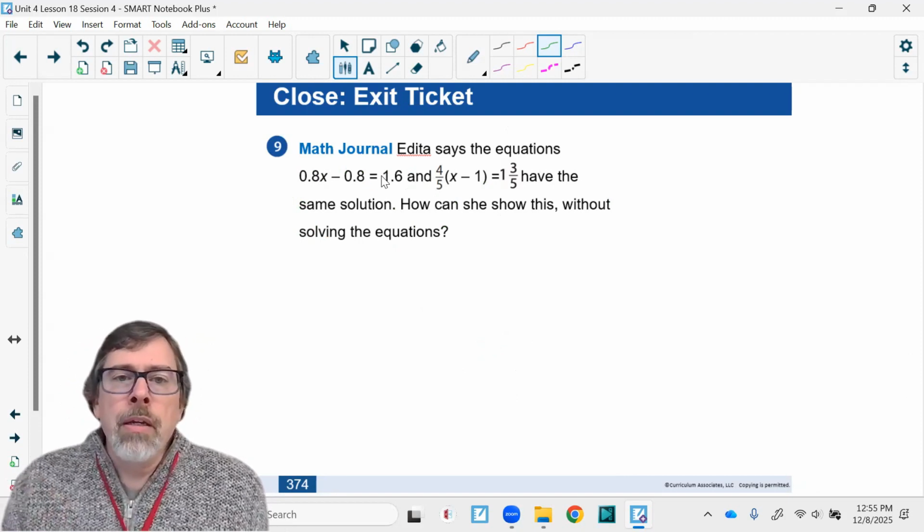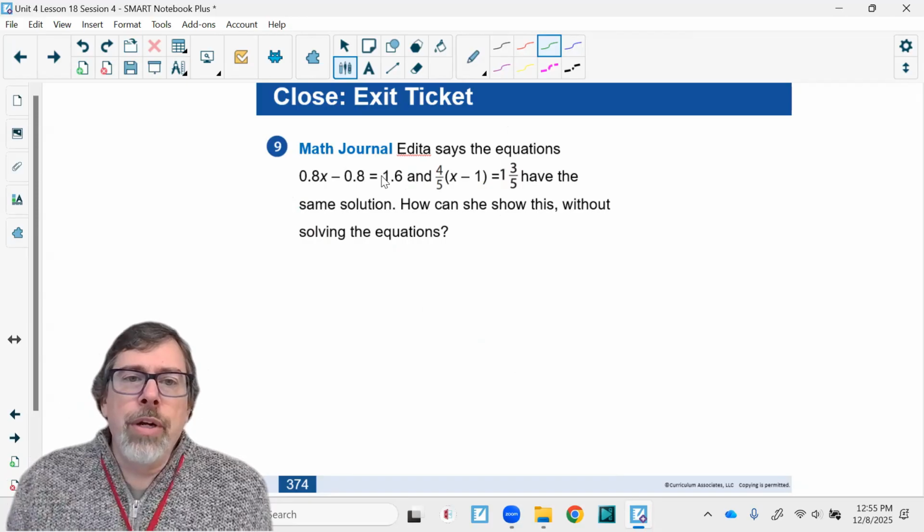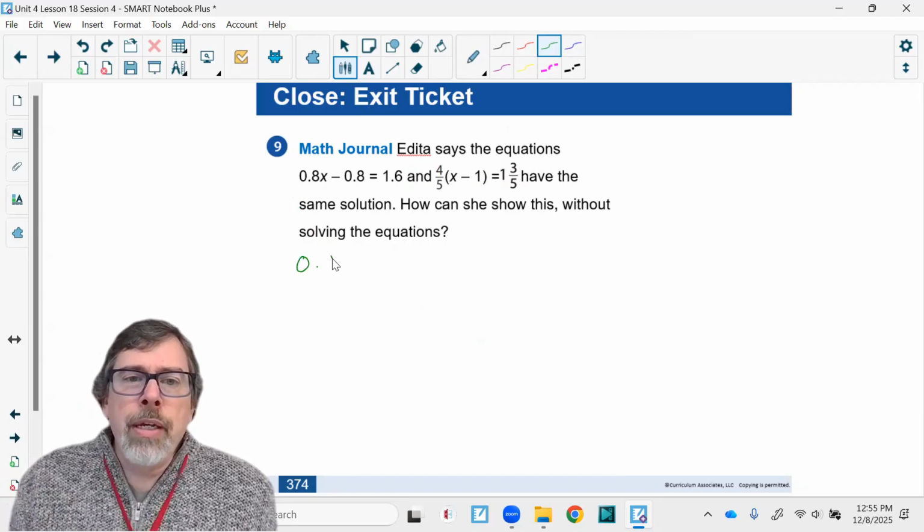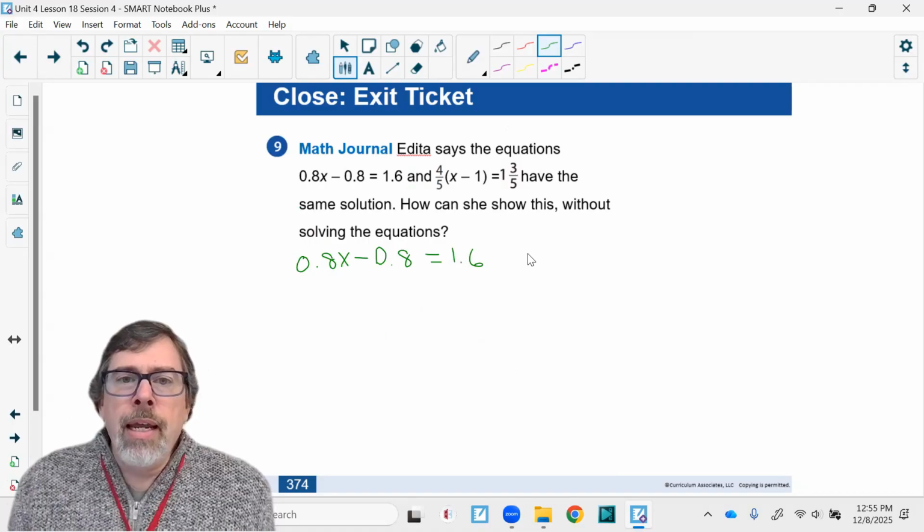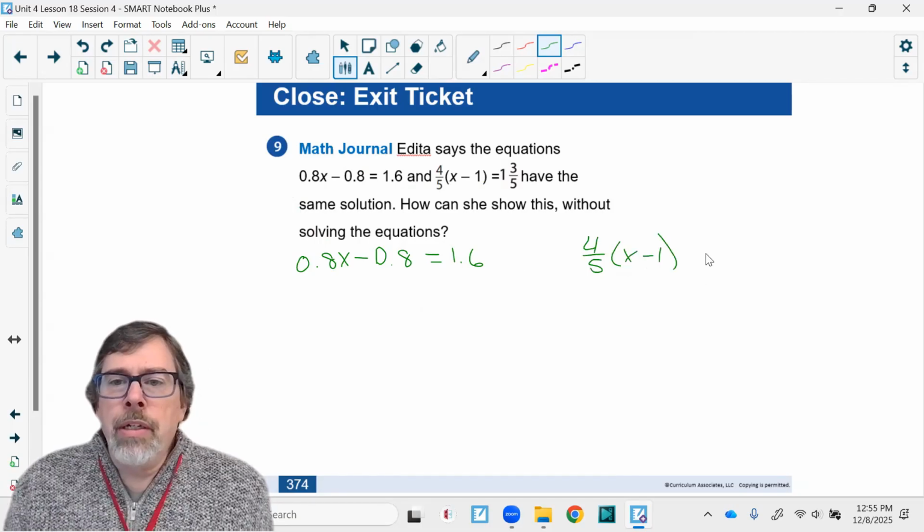Here we go. Adita says the equations 0.8x minus 0.8 equals 1.6, and 4/5 x minus 1 equals 1 3/5 have the same solution. How can she show this without solving?